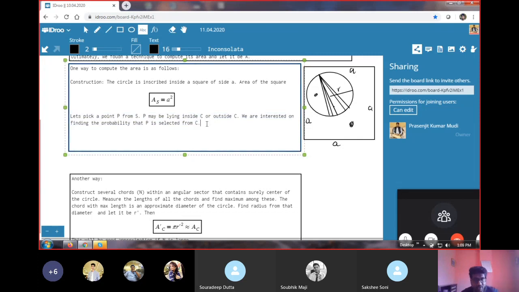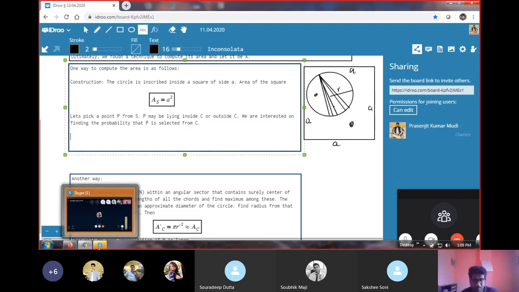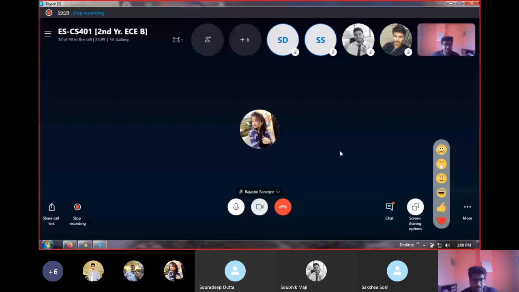If I am selecting a point P randomly from the square, that point may be taken from the circle, may not be taken from the circle. This is the situation where I have selected a point from the square, but it is lying outside the circle, and this is that point which is taken from a square and it is lying inside the circle. So we have two scenarios. Can you tell me what can be the probability that the point P selected is taken from the circle C? Can you tell me anything?